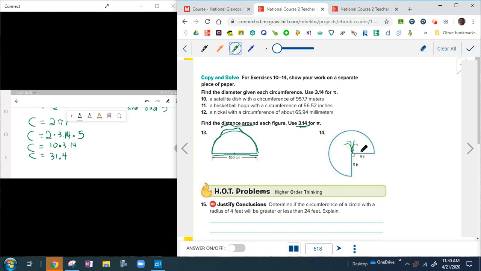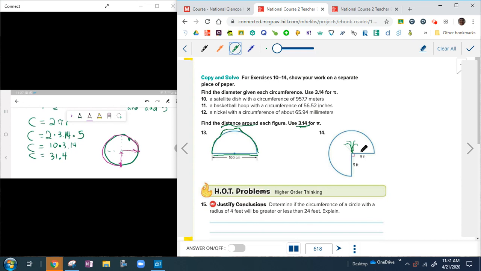Now remember, 31.4 is the whole circumference, all the way around that circle. But we don't want to go all the way around. We want to just start here and go 3/4 of the way around, and then start heading in there and over there.